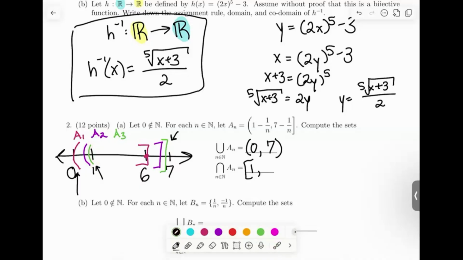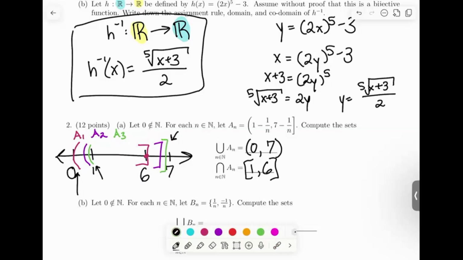On the right-hand side, as n increases we keep getting bigger, but remember we're doing the intersection. So really it's just the first one, the 6. All of them have 6, because A1 has 6 in it, and all the other ones have 6 in them. So this is closed bracket 1 to 6.